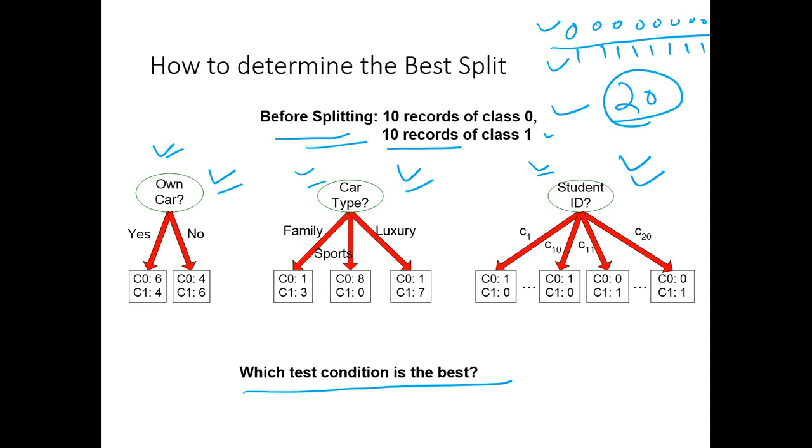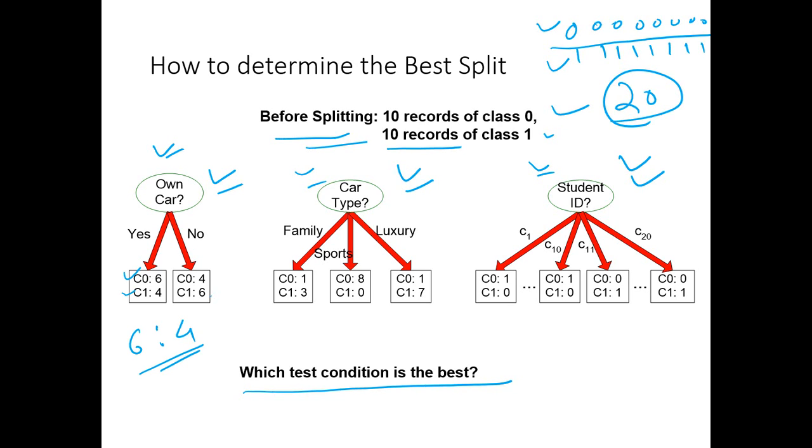So car ownership, yes and no. In the yes case, zeros are 6 and ones are 4, and in the no case, it's 4 and 6. So car ownership yes, 6 are class 0 and 4 of them are class 1. So that's 6 to 4.